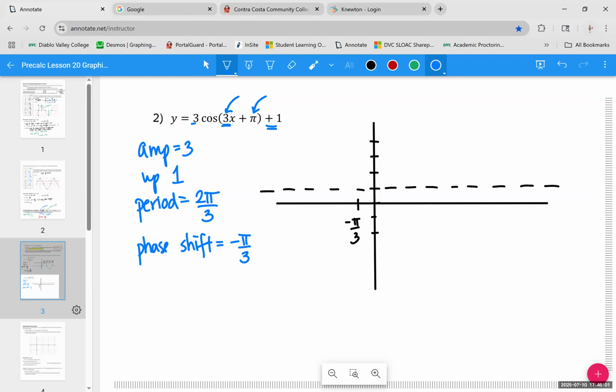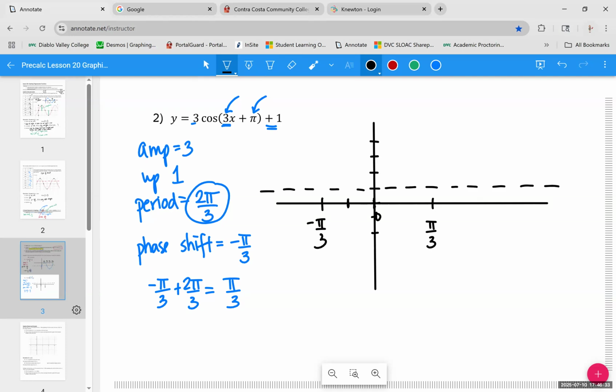Well, if this is where I started, and this is my period, then when I add those two together, that's where it's going to end. Oh, okay. So if that's where it's going to end, I probably didn't put this in quite the right spot, because I'm going to need to start at negative pi over 3 and end at pi over 3, which makes the middle 0.